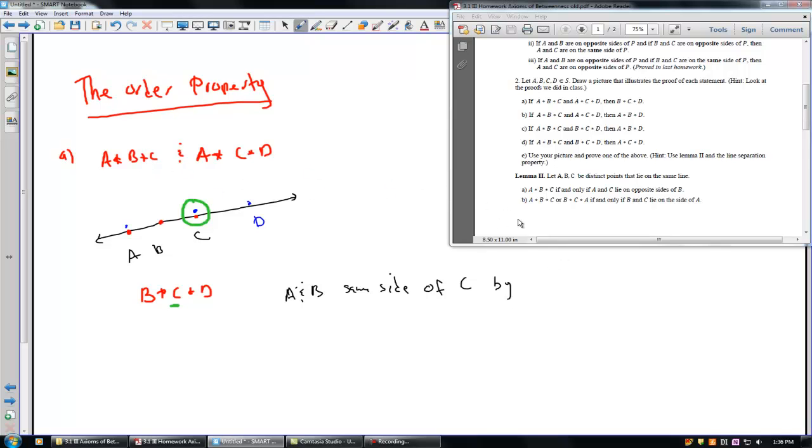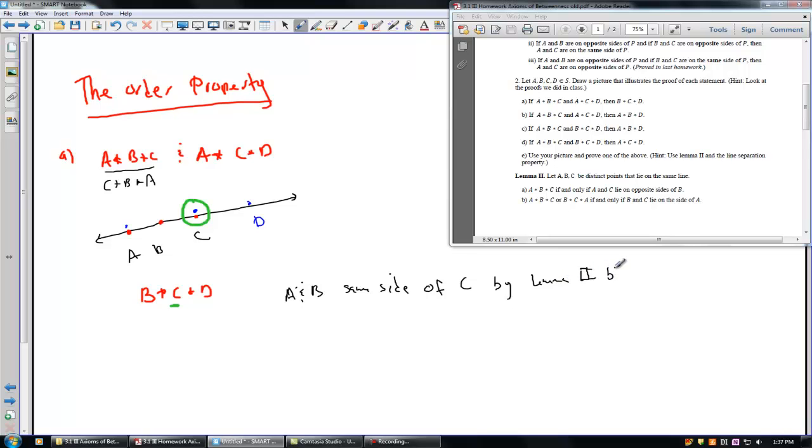We could rewrite ABC as C star B star A, and then use this lemma right here, and this would say that A and B, or B and A, doesn't matter which one, lie on the same side of C. So that's what I'm using there, basically lemma 2.